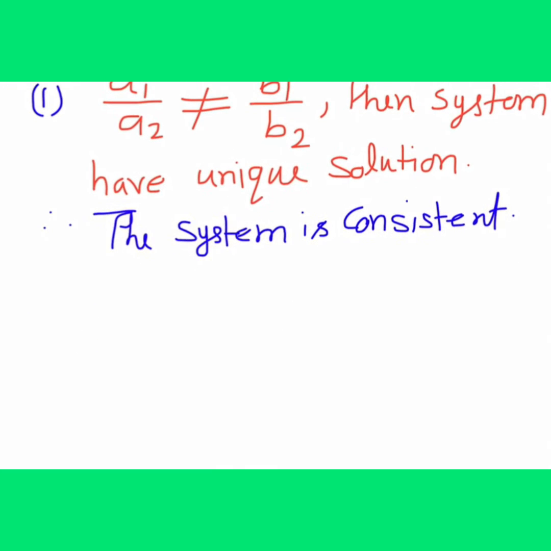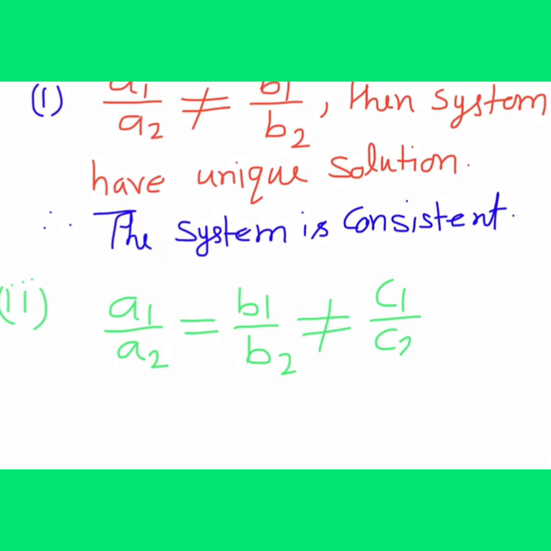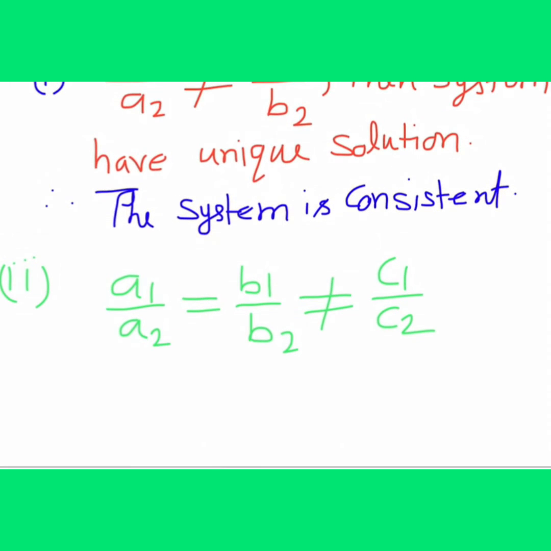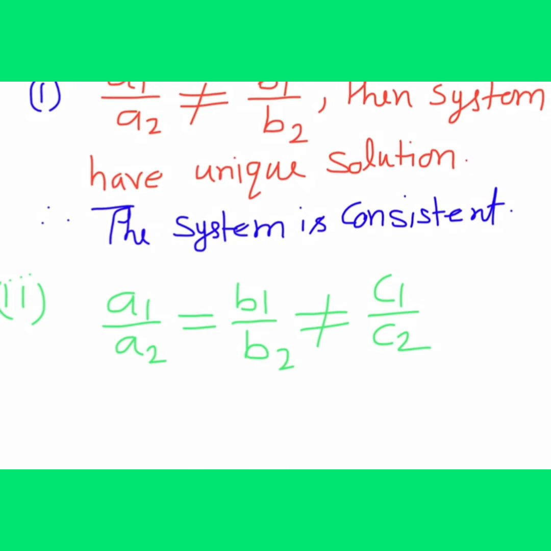Now moving to the next one, the second condition. If a1 by a2 equals b1 by b2 but is not equal to c1 by c2, in this case the system has no solution.